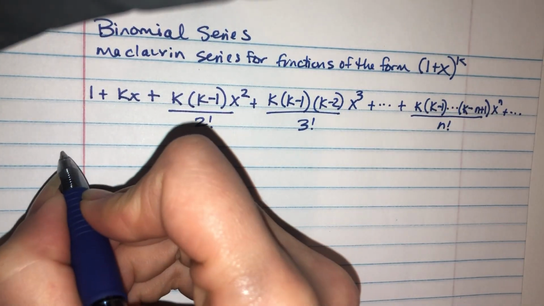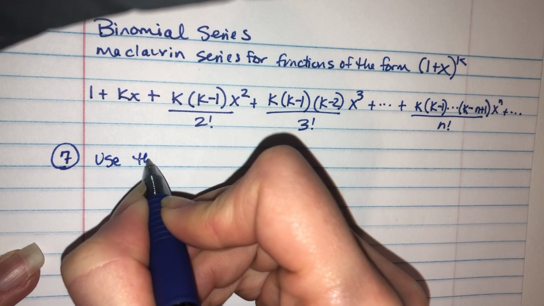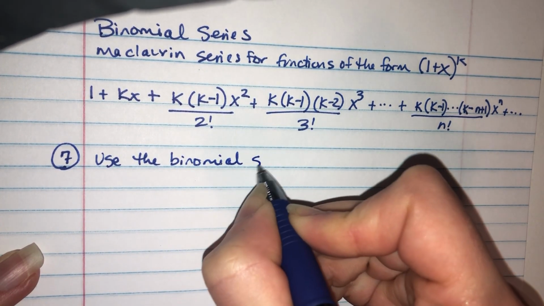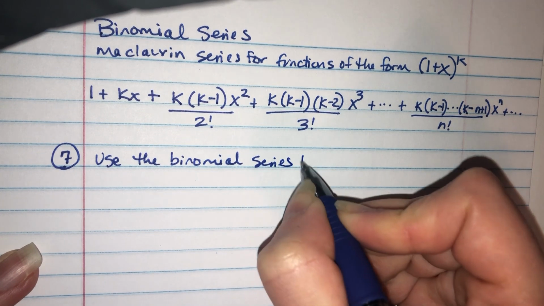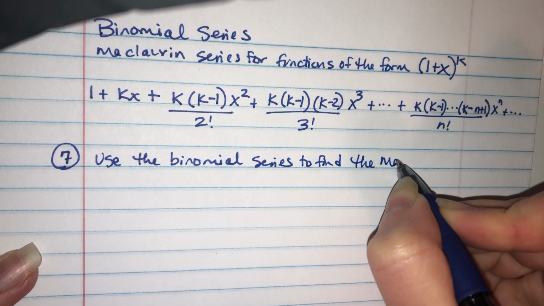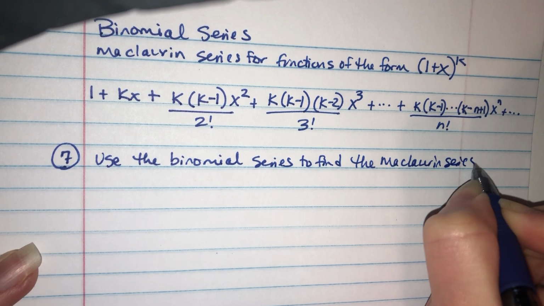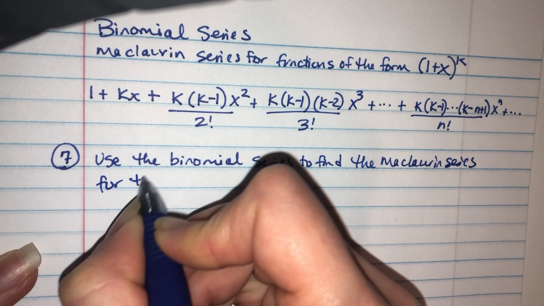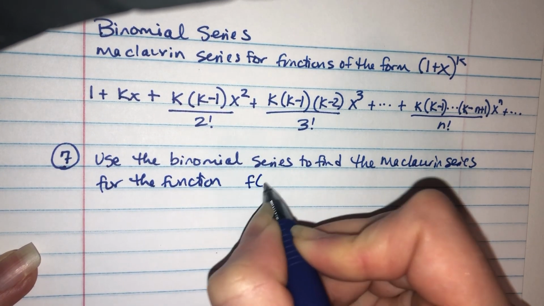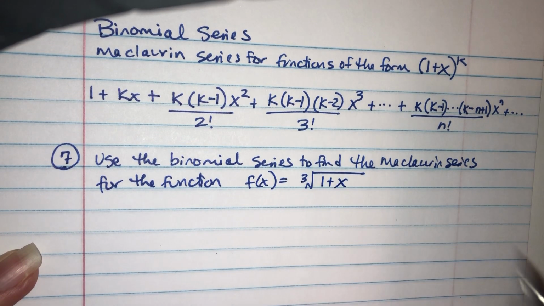So, let's try this out for number 7. Use the binomial series to find the Maclaurin series for the function f of x equals the cube root of 1 plus x.